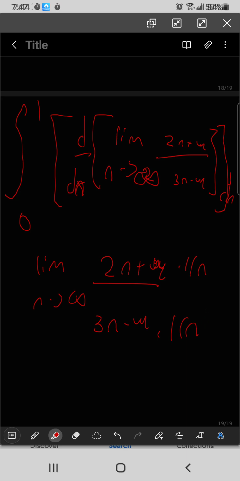Okay, let's just evaluate this limit, right here. So we're going to evaluate the limit as n approaches infinity of 2n plus 4 divided by 3n minus 4. Multiply both sides by 1 over n, and cancel this to get the limit as n approaches infinity of 2 plus 4 over n divided by 3 minus 4 over n.